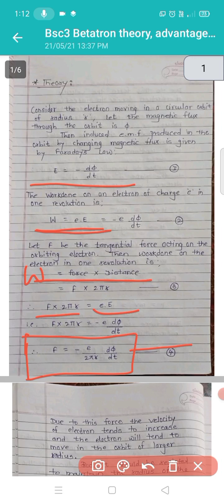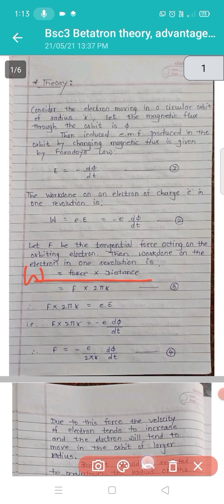Then F is the tangential force acting on the orbiting electron. Work done in one revolution is force into distance, that is F into 2 pi r. Further solving this equation, we get F is equal to minus e upon 2 pi r into d phi by dt.